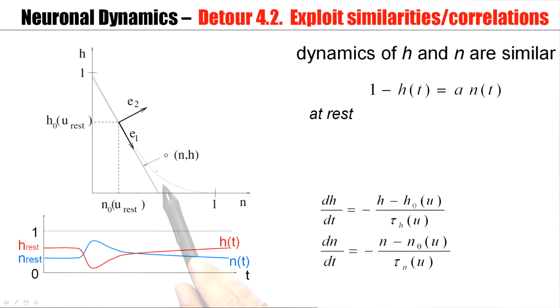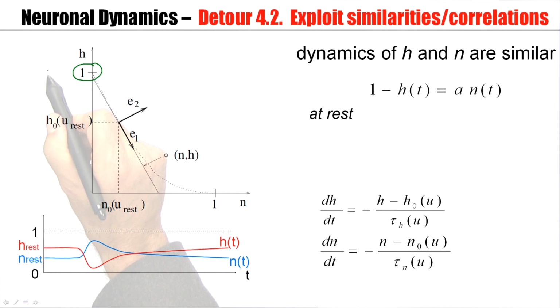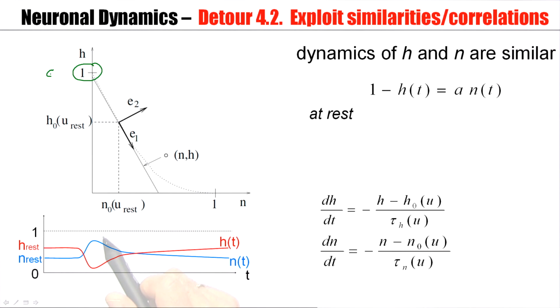In general, this point here does not need to be 1. It could be some arbitrary constant c. And the question is, how do we get this slope? Well, it comes out of this elongation of the data cloud. But for simplicity, let's assume we put this here at 1.